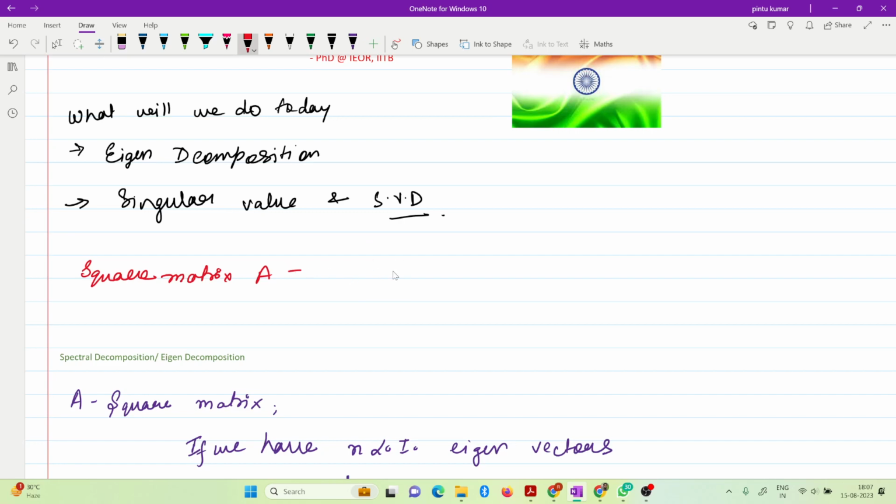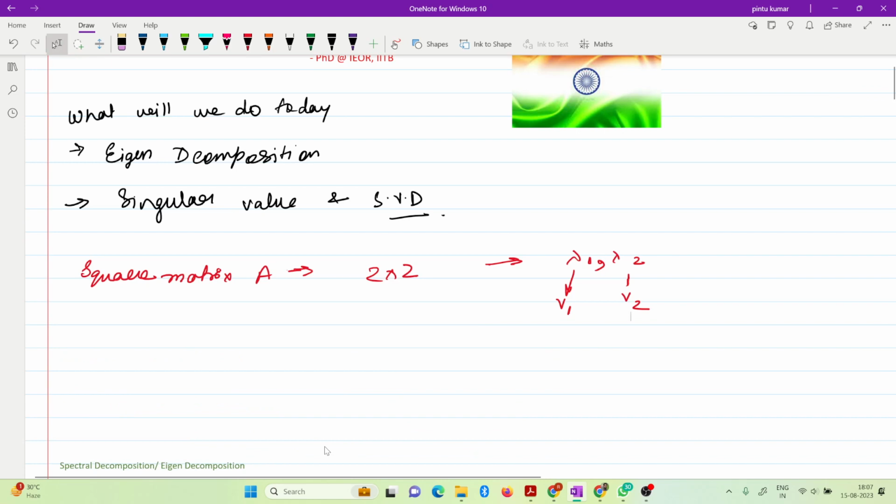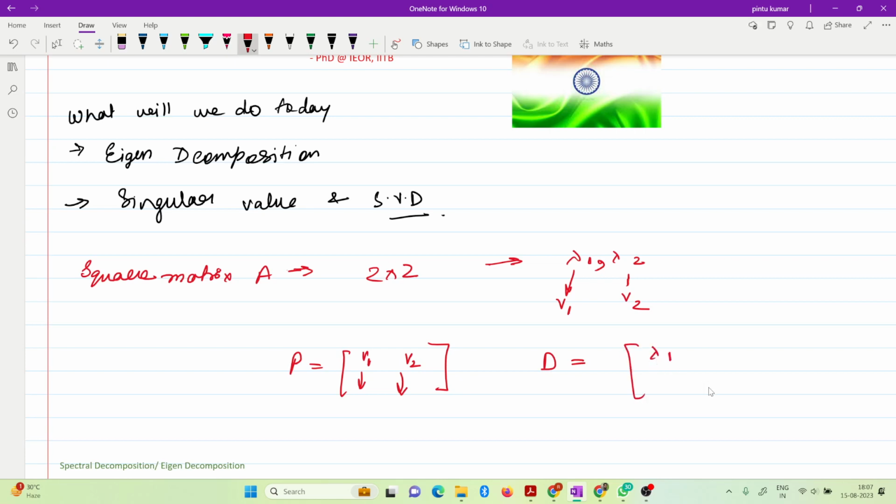Let's say A is a 2 cross 2 matrix with eigenvalues, let's say lambda 1 and lambda 2, and you have corresponding eigenvectors v1 and v2. Now if you write these eigenvectors as a column matrix, so let's say you construct a matrix P, writing v1 as your first column, v2 as your second column, and you construct another matrix D where your diagonal elements are your eigenvalues and everything else is 0.